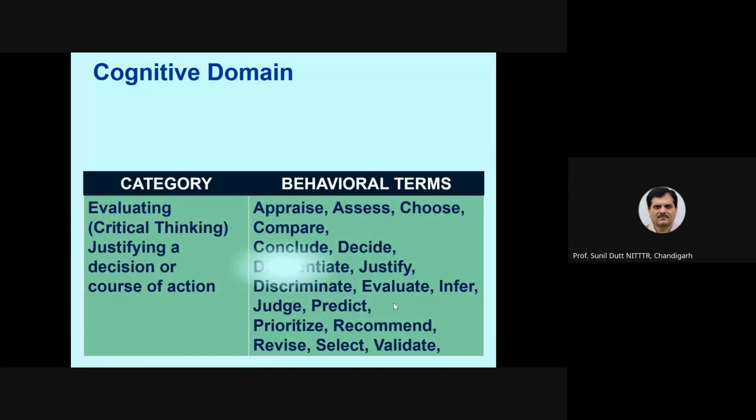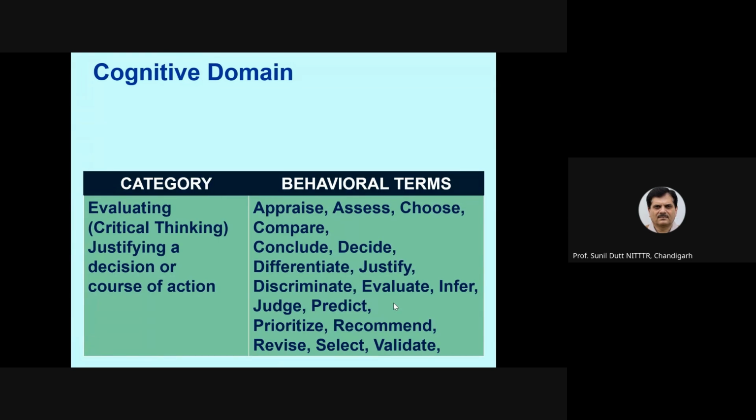So evaluating, again, it involves critical thinking, but at this stage the student is able to justify a decision or course of action. What is the worth of this thing? In which situation it can be used? We give a situation, we ask, please select the tool to solve this problem and give your reason in support of your selection of that particular tool.